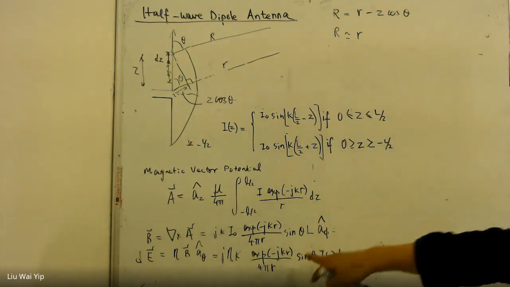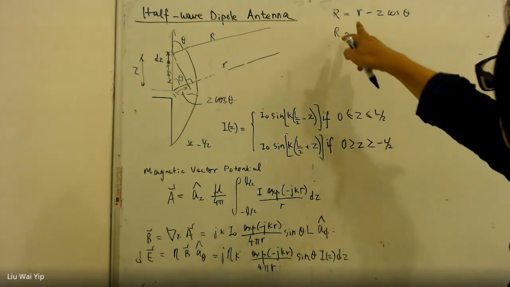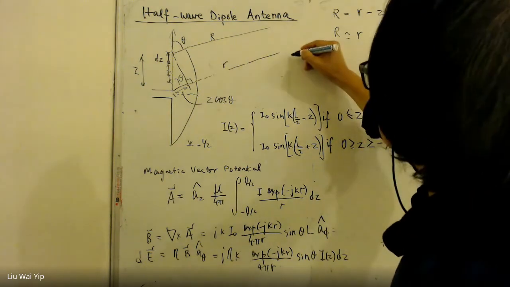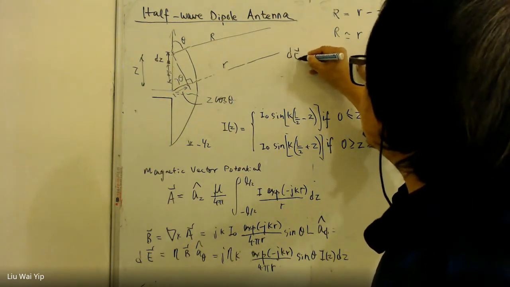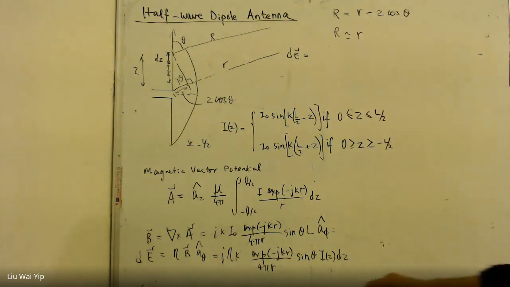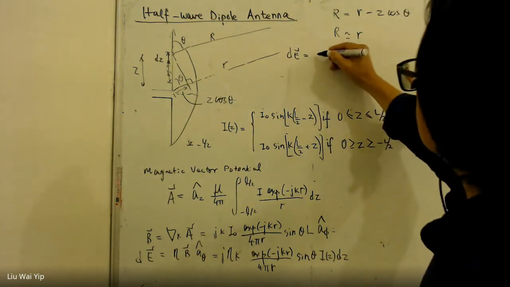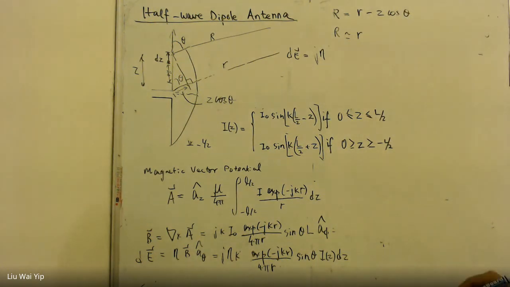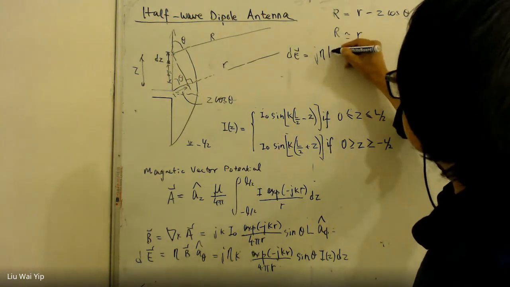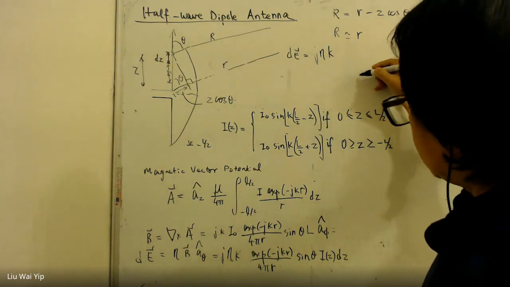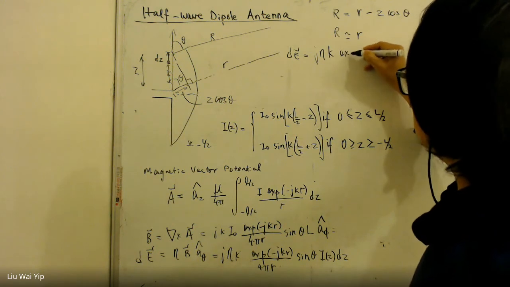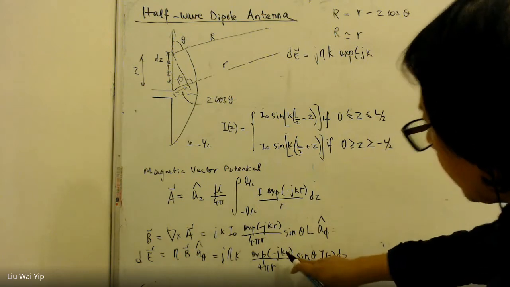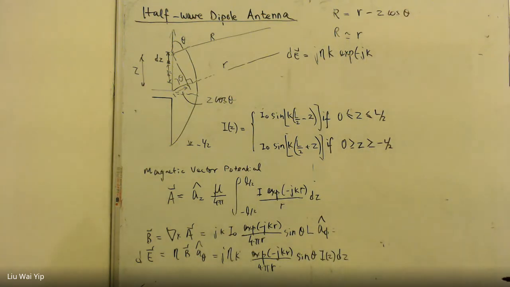Then we substitute this small r with the value here and see what we can get. So D is Z. And then this expression J eta K and then exponential J K and then this R will be replaced by this amount.